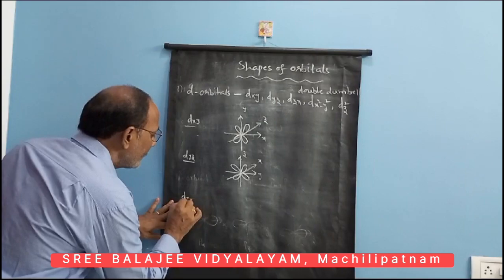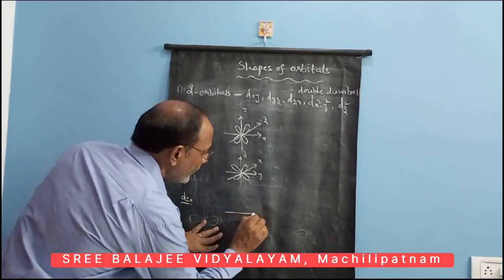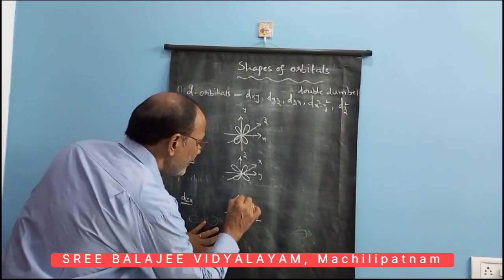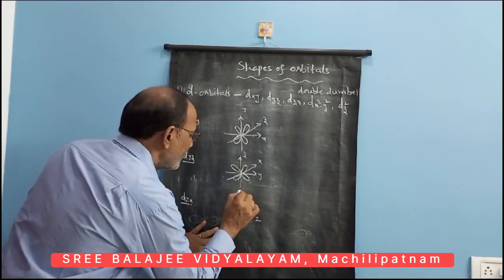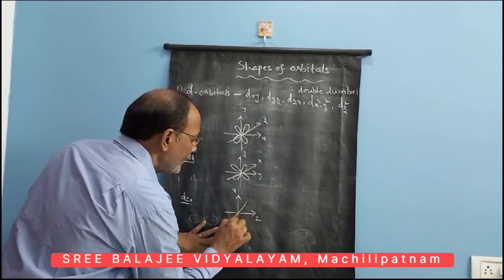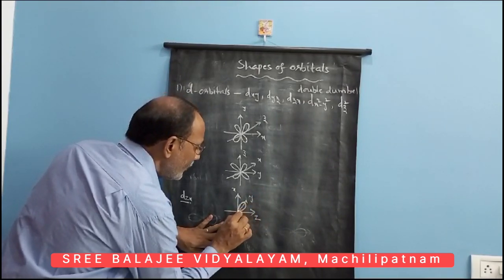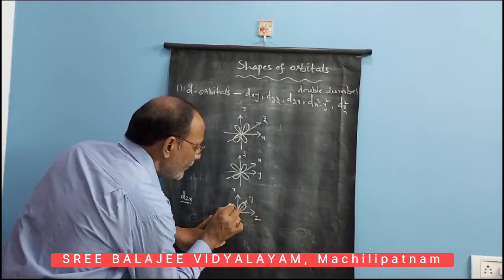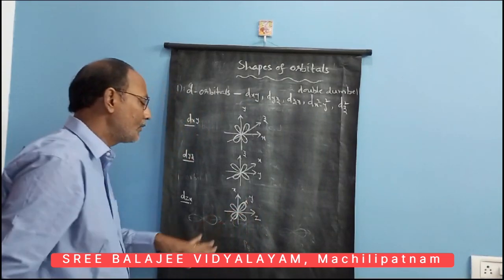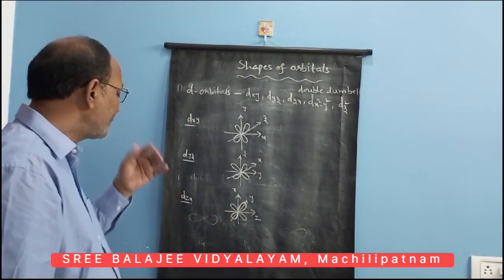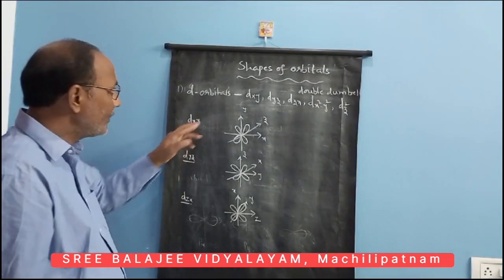Then dzx. Here is the z axis, the x axis, and this is y. The two dumbbells this time are on both the z and x axes.